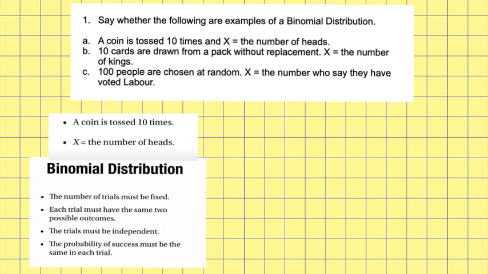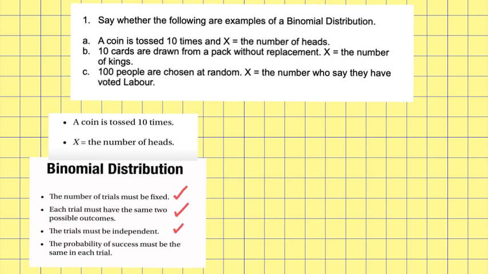So a coin is tossed 10 times. X is the number of heads. So we're interested in how many heads come when we toss a coin 10 times. So yes, there is a fixed number of trials. Each trial has the same 2 possible outcomes. Well, yes, the possible outcomes are heads or not heads. Are they independent?